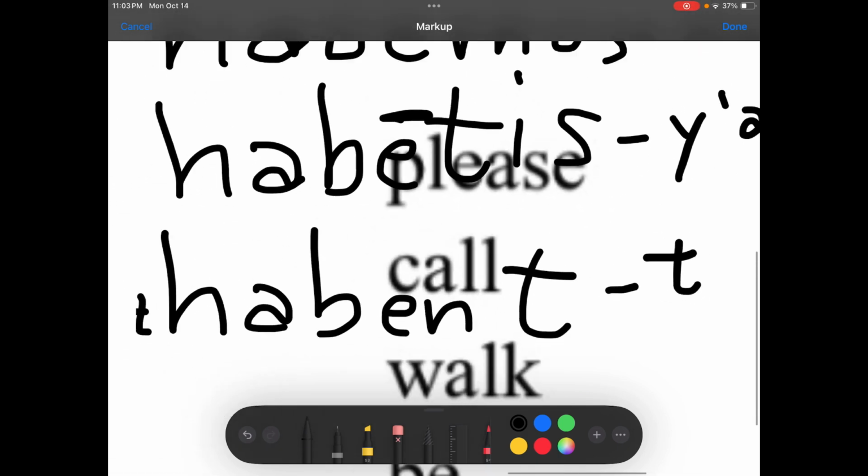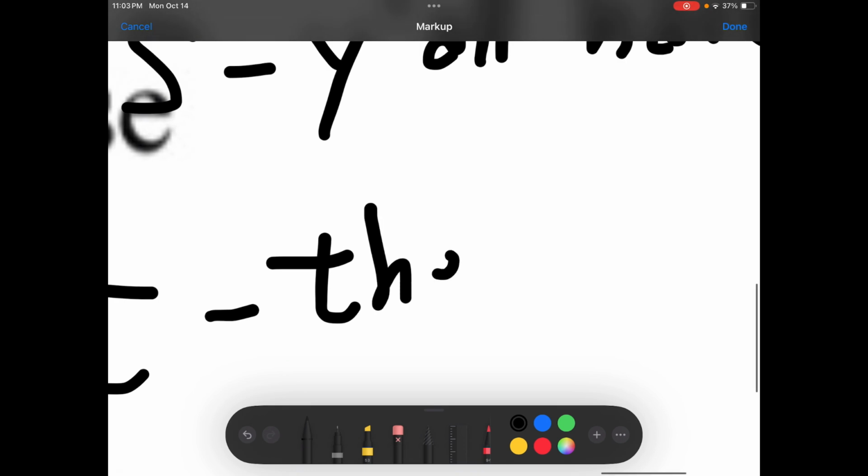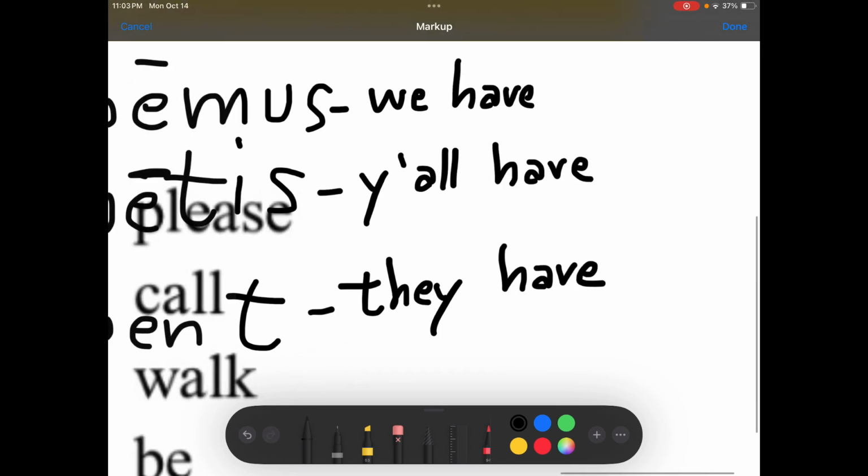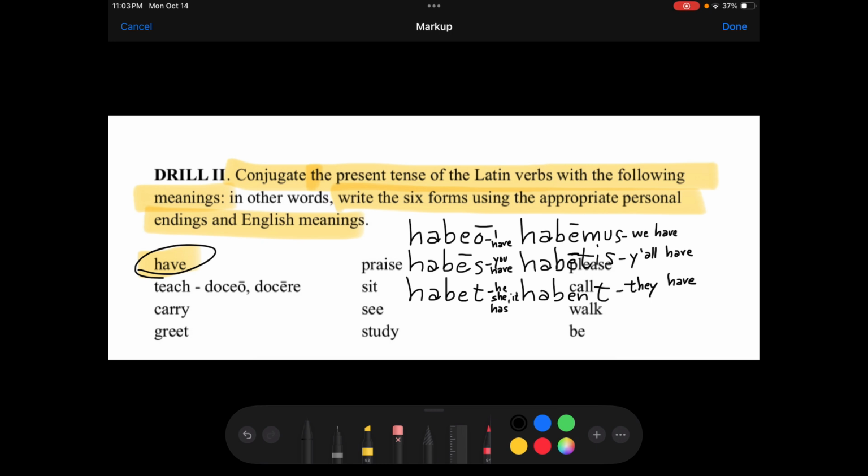Habent, they have. So this drill you should be able to do within a class period. It is 1, 2, 3, 4, 5, 6, 7, 8, 9, 10, 11, 12 verbs. You can quickly conjugate those. So get used to doing it and to doing it very quickly.